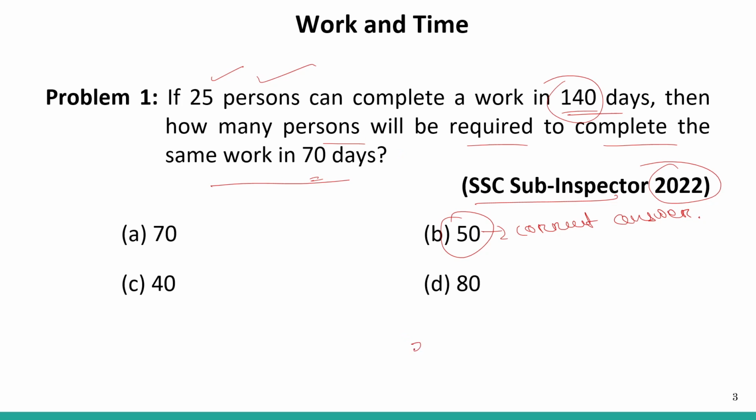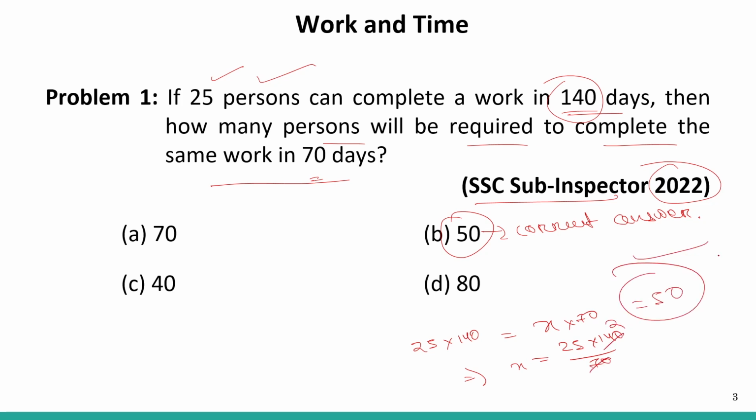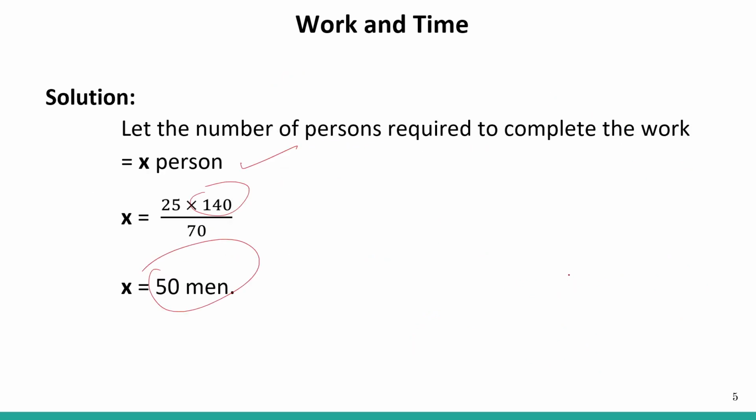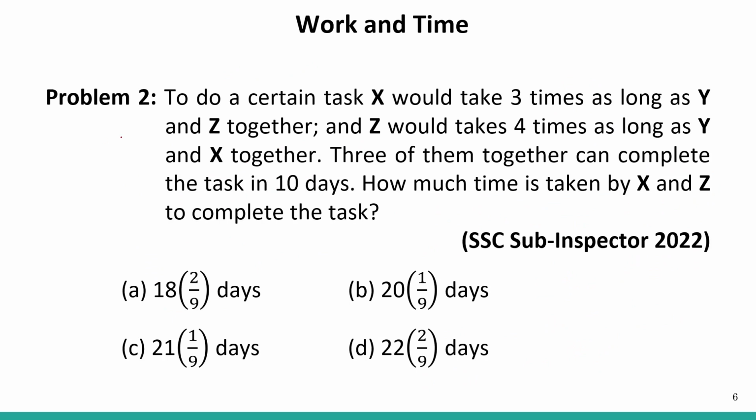This implies that X is equal to 25 into 140 by 70, equal to 50. This is how the work time ratio, or work person ratio, works. So let's go for problem number 2.